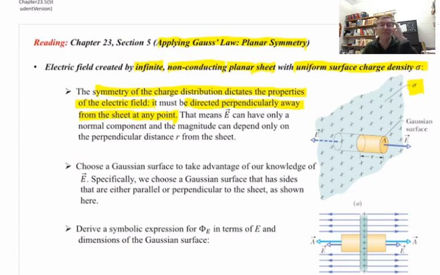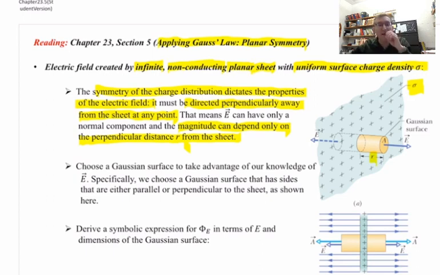And in terms of depending upon any kind of coordinate or position, the only thing that the magnitude of the field can depend on is the perpendicular distance, r, that you are from the sheet. Okay, right there, r. It can't depend upon any coordinate parallel to the sheet, but only the distance perpendicular from the sheet.